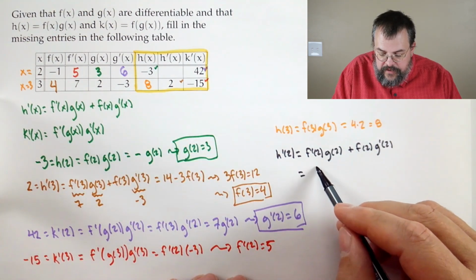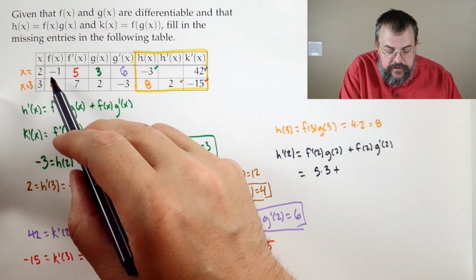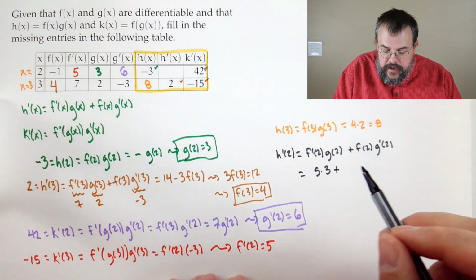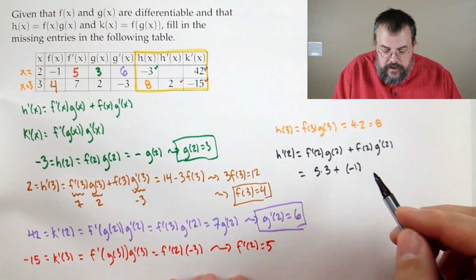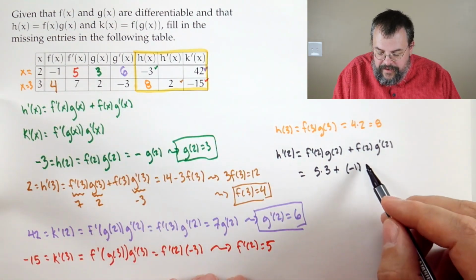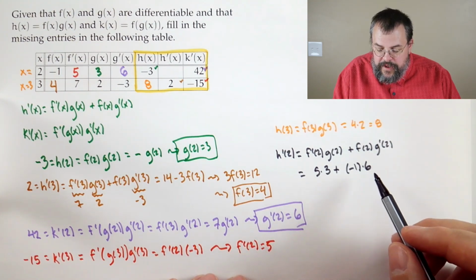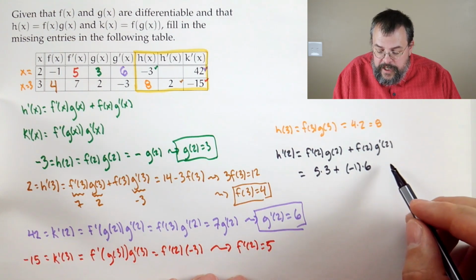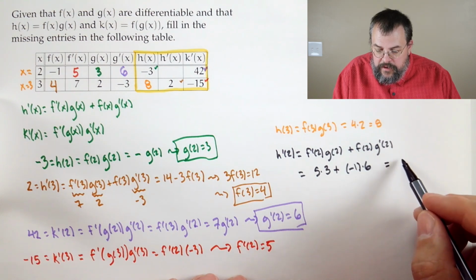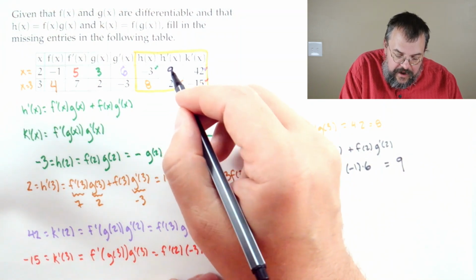So we have 5 times 3 plus f of 2, which is negative 1, times g prime of 2, which is 6. So 5 times 3 is 15, minus 1 times 6 is minus 6. 15 minus 6 leaves us with 9, which means that goes there.